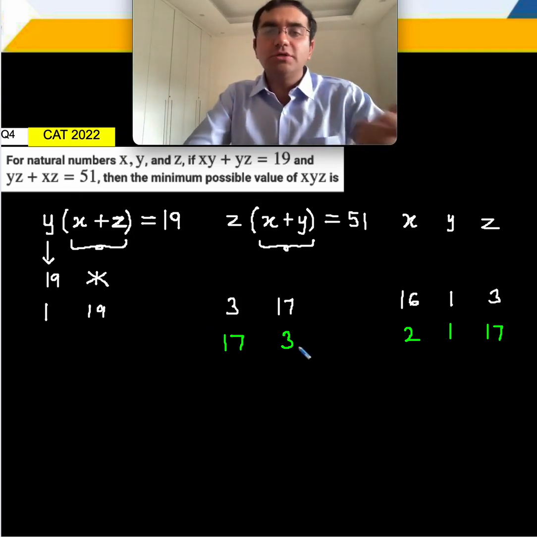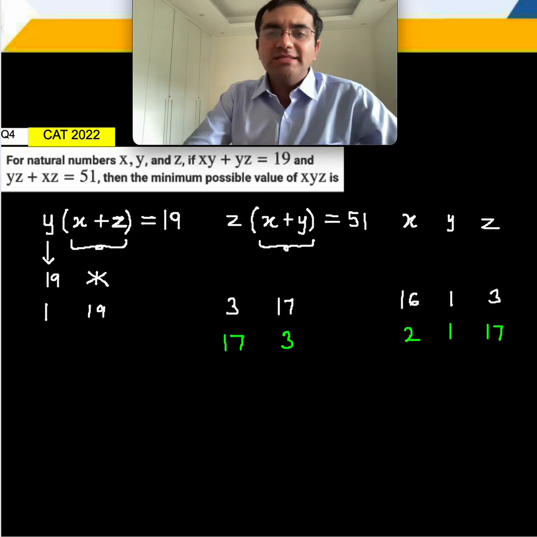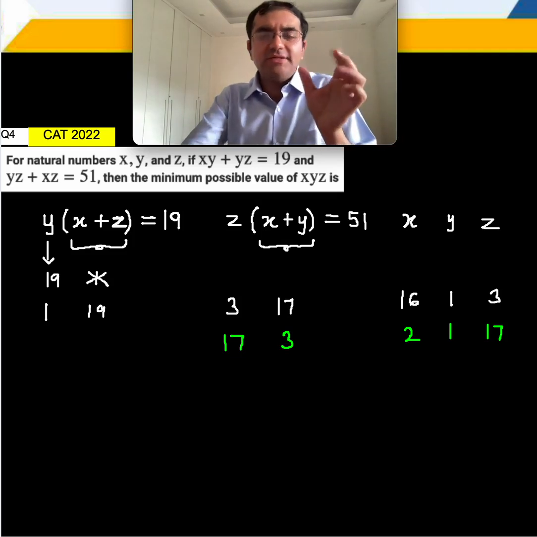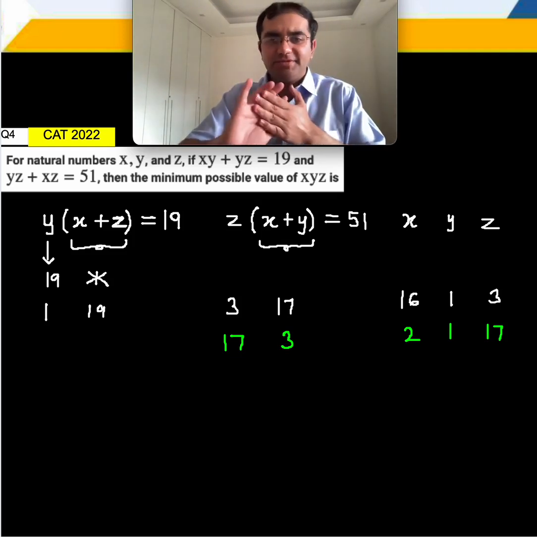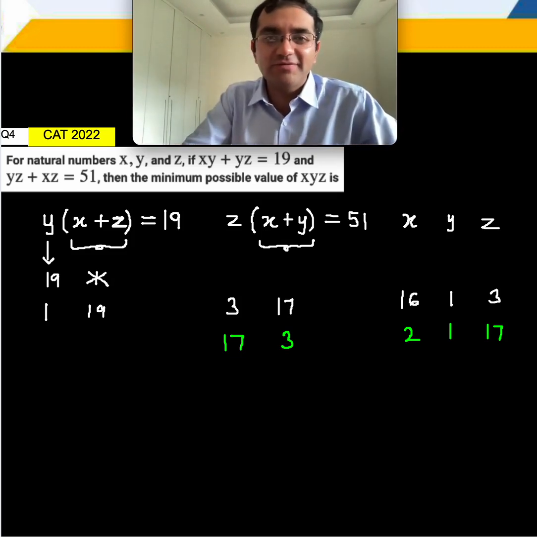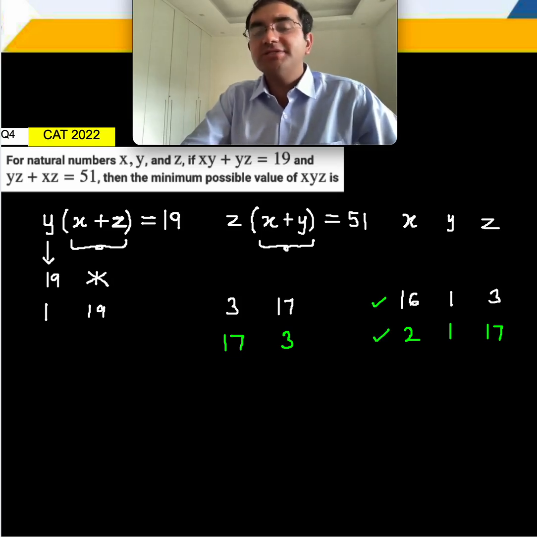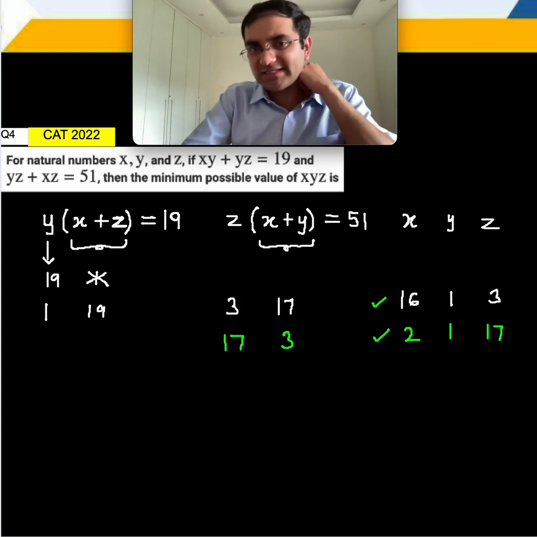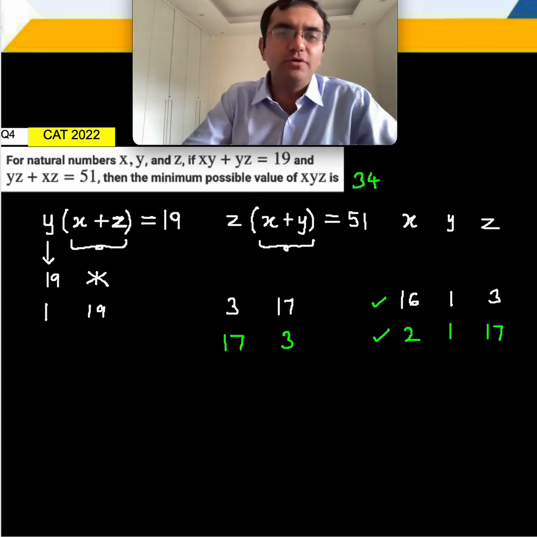So this also satisfies the given scenario, and you can see that I've done this by pure hit and trial. Okay? Well, not pure hit and trial, starting में थोड़ा सा logic involved था. So x, y, z according to the first case could be 48, or according to the second case could be 34. Nothing else is possible. So the answer is 34 for question number 4.